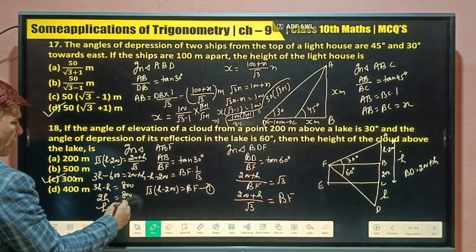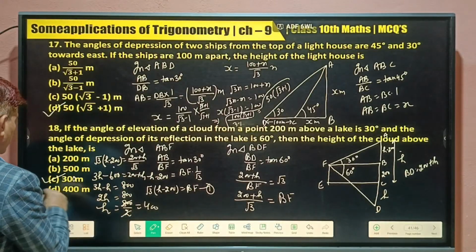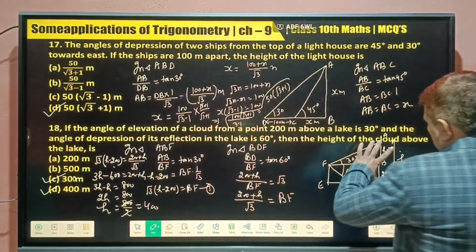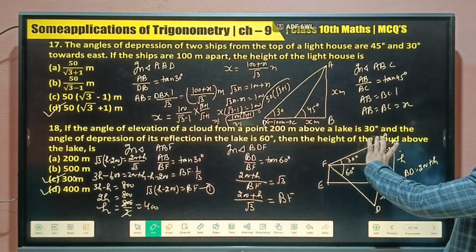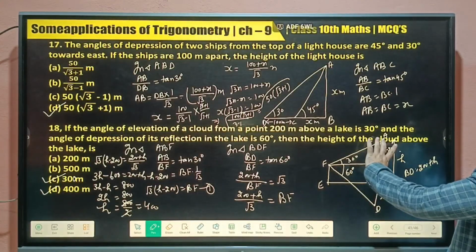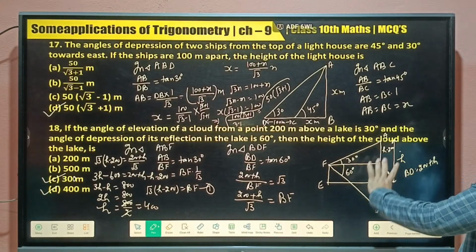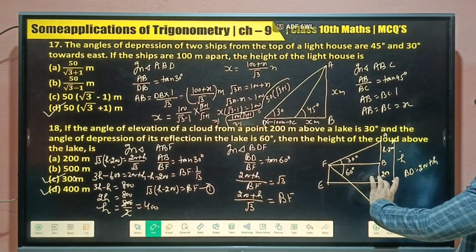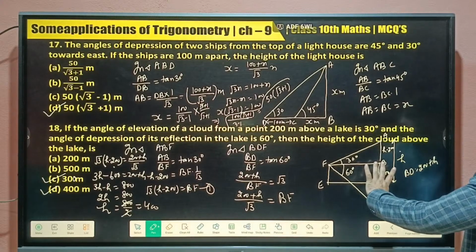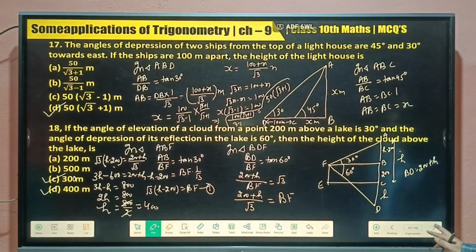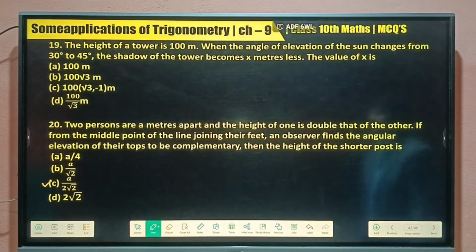H equal to 800 by 2, that is 400. So the answer is 400. This we have to understand. This is total H, so this is H minus 200. This is H, so H plus 200. This point we have to understand. If we understand this, then no problem.